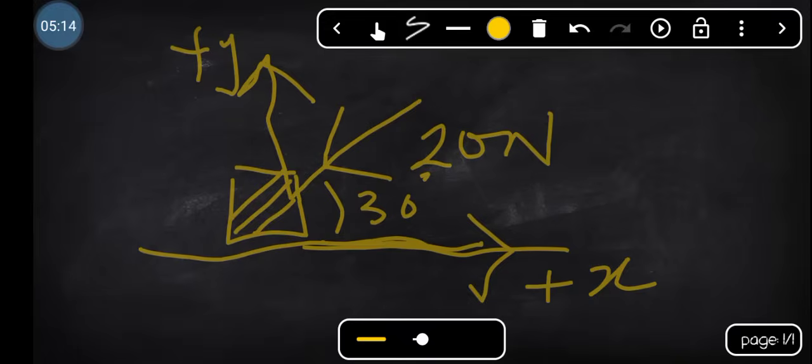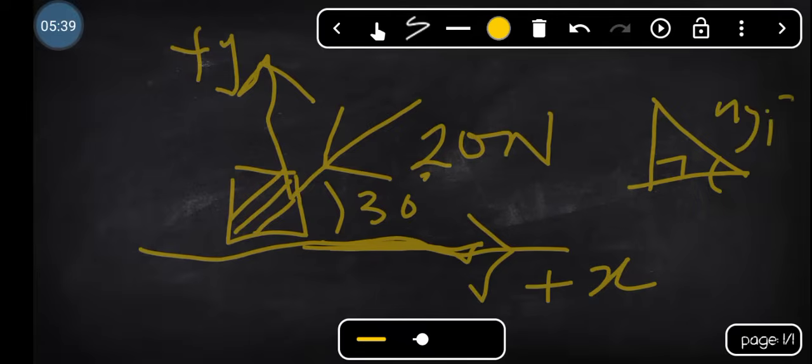To resolve this force into its components, you need to recall the topic in mathematics about the right-angle triangle, where you have the hypotenuse, the adjacent, and the opposite.